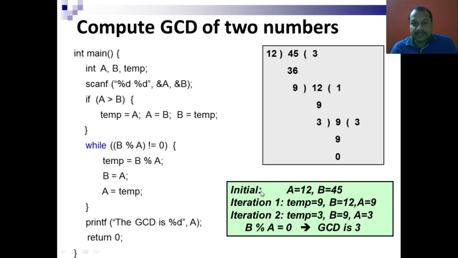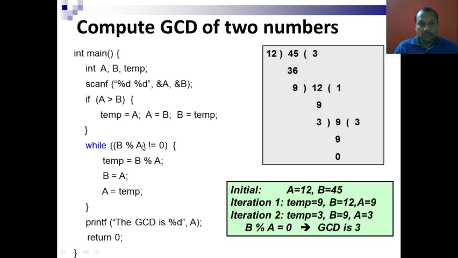On the right hand side, the bottom block, initially A equals 12 and B equals 45. If A equals 12 and B equals 45, this particular condition is false, so no exchange is required. Directly I will come here. Now B is 45, B percent A is 12, and it is not equal to 0 because the remainder is 9.